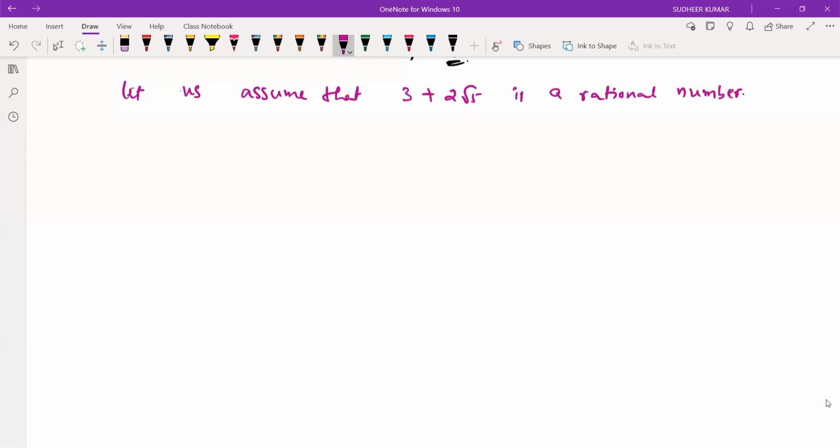If it is a rational number, we can write this as 3 plus 2 root 5 equal to p by q. Already we used, right? So we'll use other letters, a by b, where b not equal to 0 and HCF of a, b is 1. Then we can write this as 2 root 5.